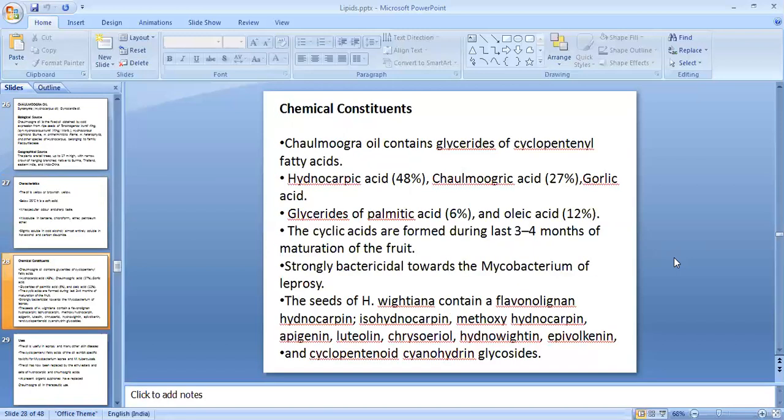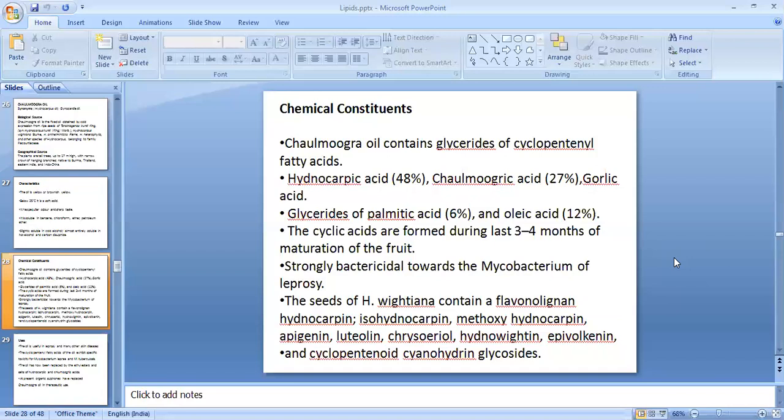When you see the chemical constituents of Chaulmoogra oil, it consists of the triglycerides of cyclopentenyl fatty acids. That means they have a 5-membered ring with one double bond inside the ring, and in the first position it is attached to the carbon chain.